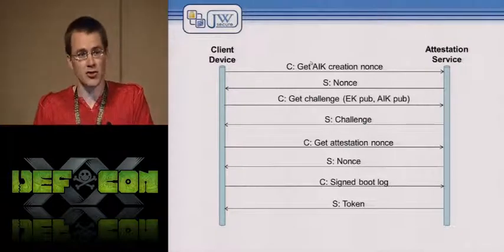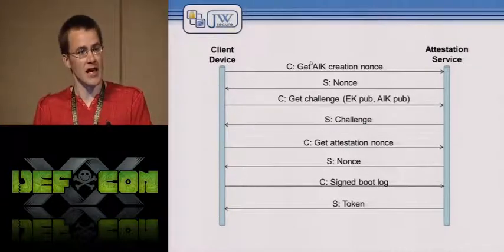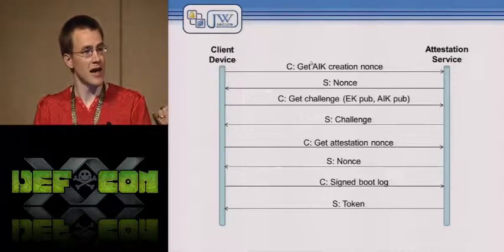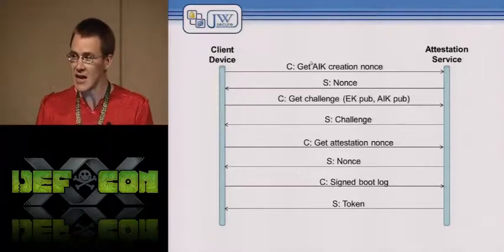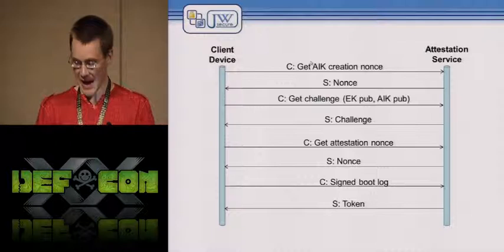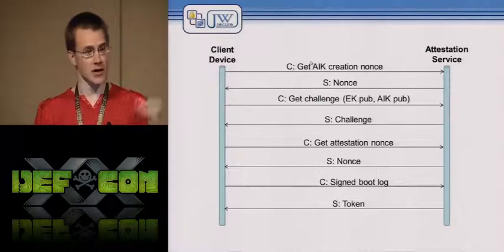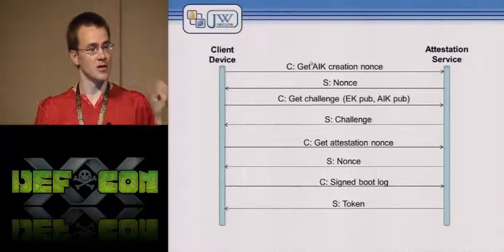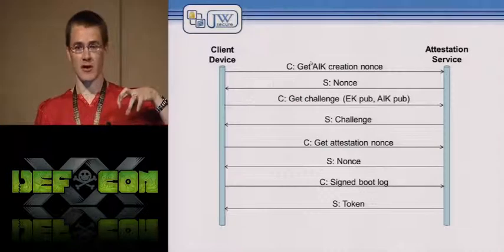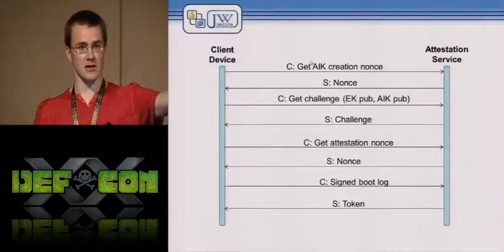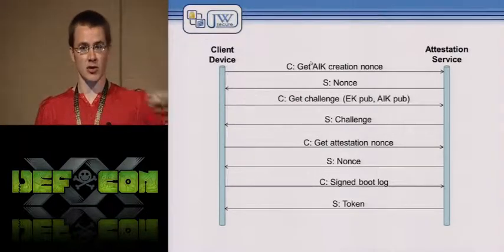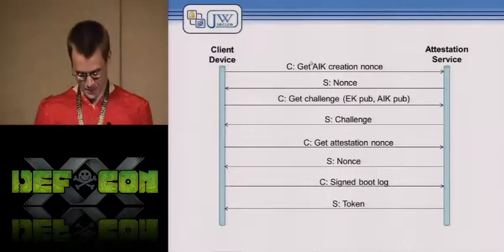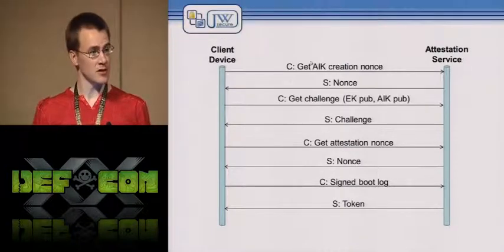And so the way that the server is going to ensure that A, this is a new attestation key, and B, that it actually is an attestation key bound to this TPM and not in software somewhere, is it's going to encrypt the certificate for the attestation key, this new certificate that the service is sending back. It's going to encrypt it so that only a TPM can decrypt it using its endorsement key.